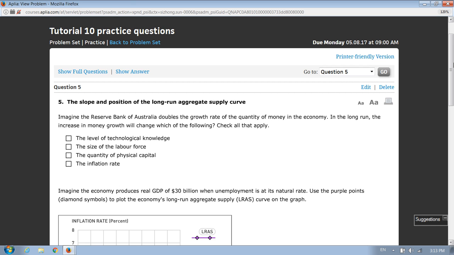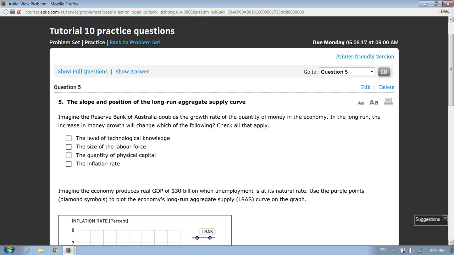Okay, that's question 4. Question 5. The slope and the position of the long-run aggregate supply curve. Imagine the RBA doubles the growth rate of the quantity of money in the economy.